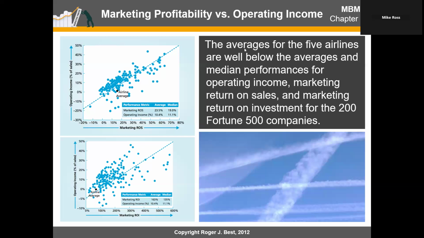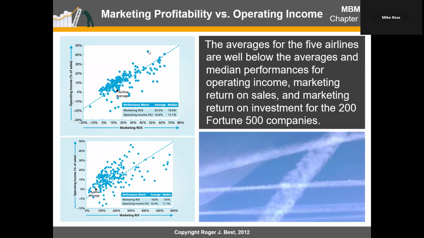So the headline: the average of the five airlines is well below average and median performance on operating income, marketing return on sales, and return on investment for the 200 Fortune 500 companies, right? So we were saying before, airlines, it's a tough business. You can see in both cases, they're pretty close to the line.